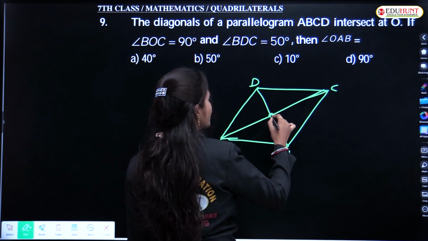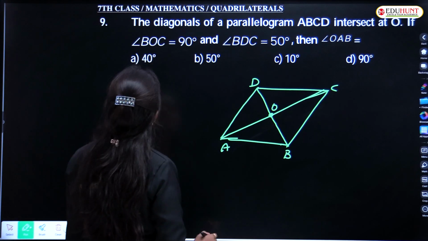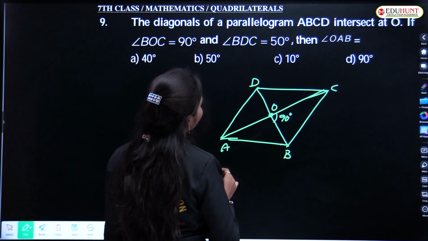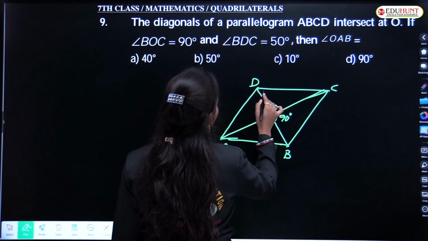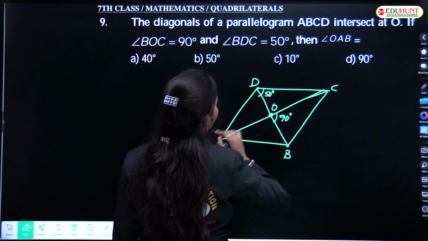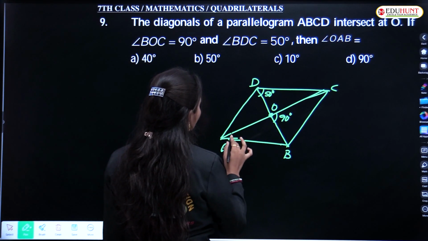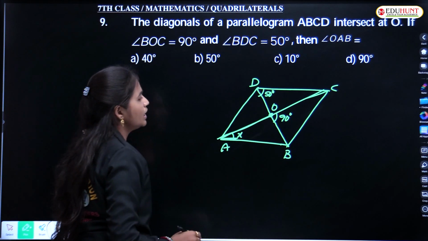So these two also intersect at the point O. If angle BOC is equal to 90 degrees and angle BDC is equal to 50 degrees, okay, then angle OAB, so here the angle we need to find out.